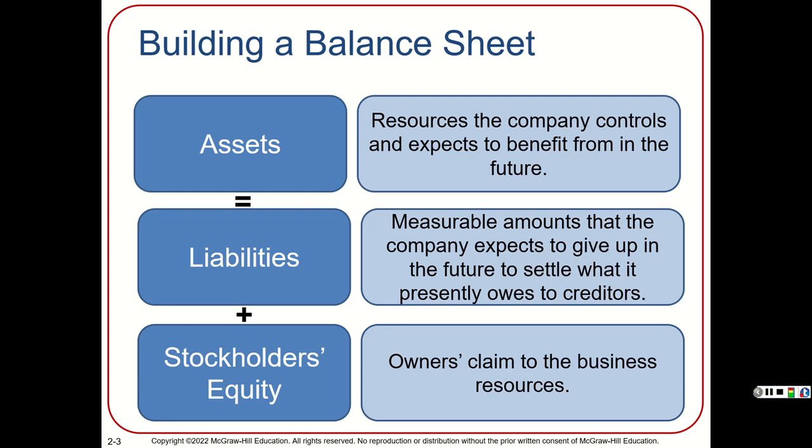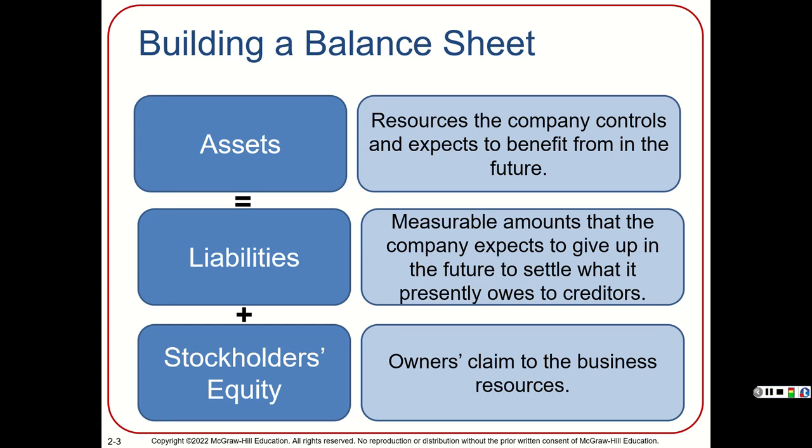If they sell products, that is a resource that they expect to get money from in the future. Another example of assets is cash in the bank. It might be just sitting in the bank today, but they expect to use it to pay for more inventory or supplies or advertising. All of those things are going to benefit the company.